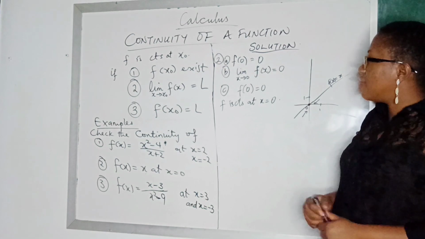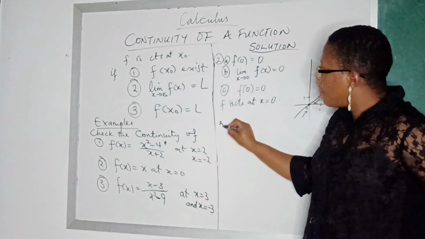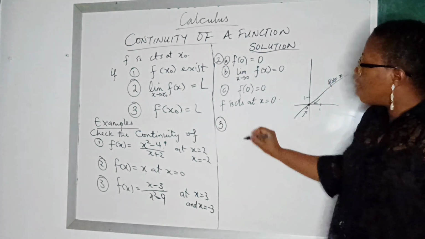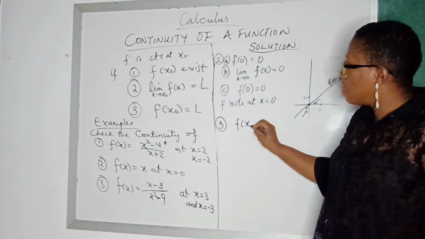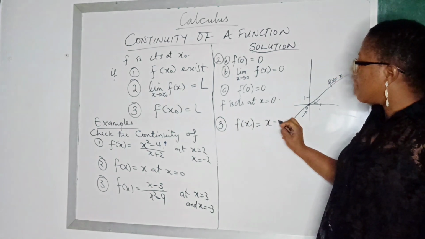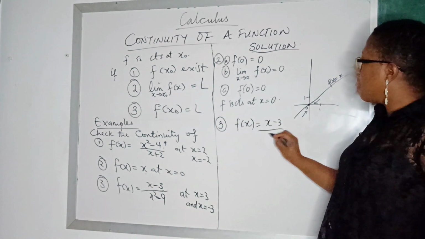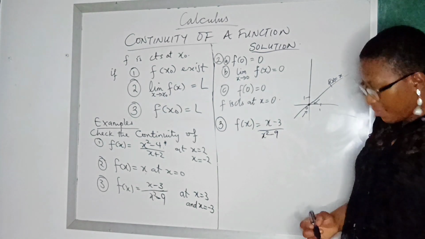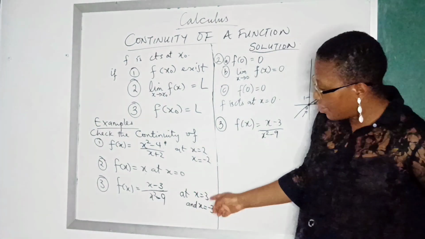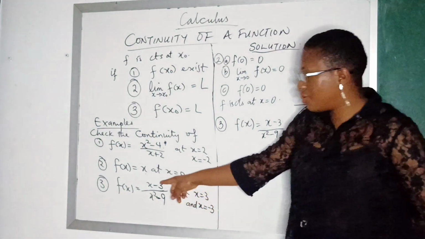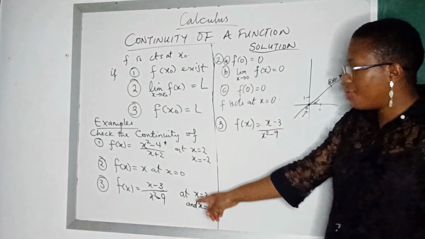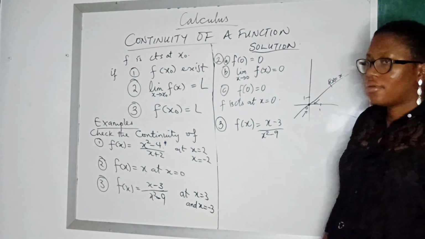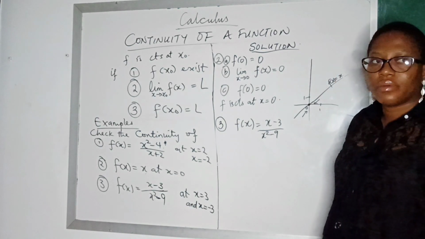So let's take the last one, number 3. We have f of x is equal to x minus 3 over x squared minus 9. If I plug in 3 into this function, I have 0 over 0. There's a problem there.